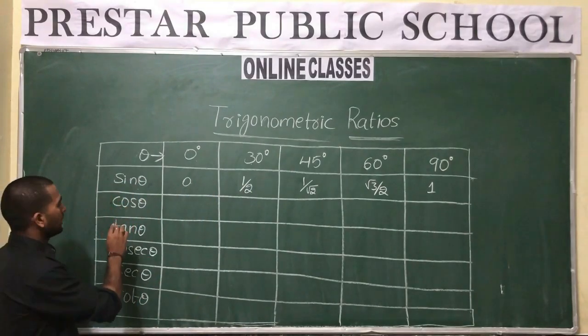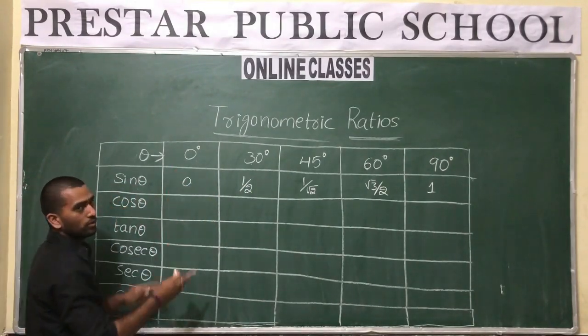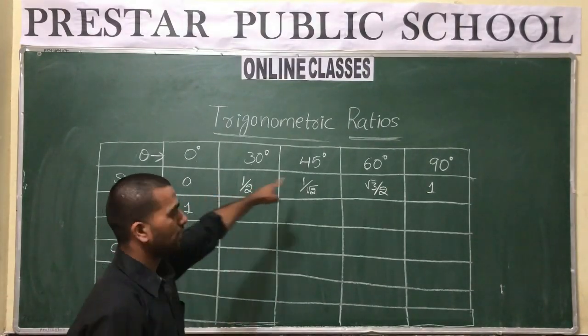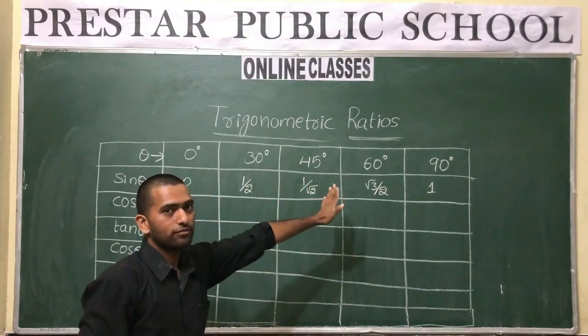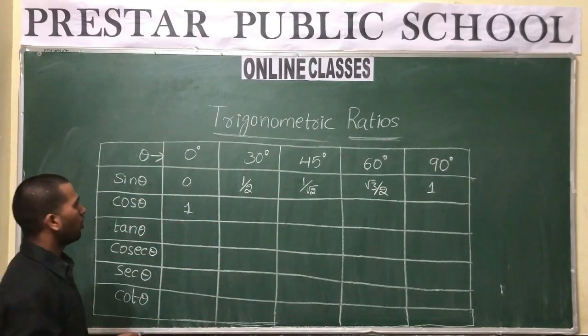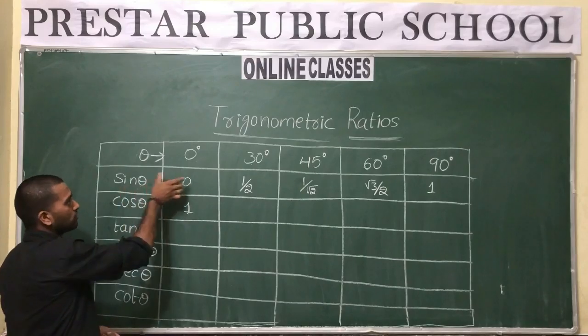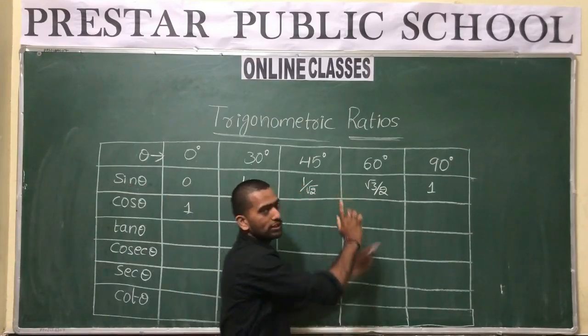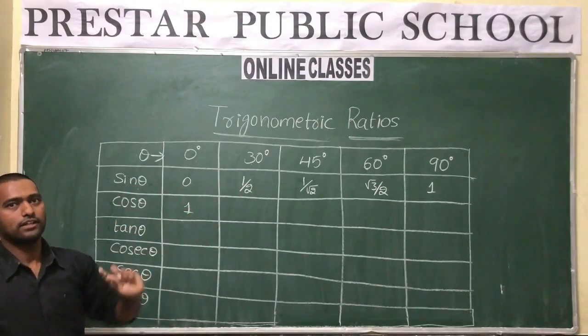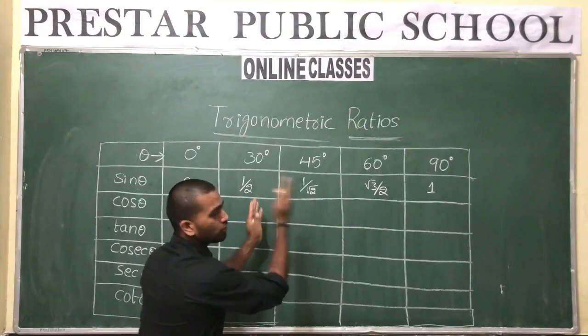In the same way, for cos also, cos 0 is 1. See, there is one trick. If you know the sine values, then this total table you can fill. If you know the sine values like 0, 1 upon 2, 1 upon root 2, root 3 upon 2, 1, then this table is very easy. Cos values are just opposite to sine values.